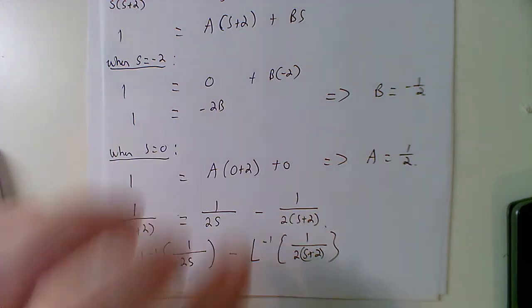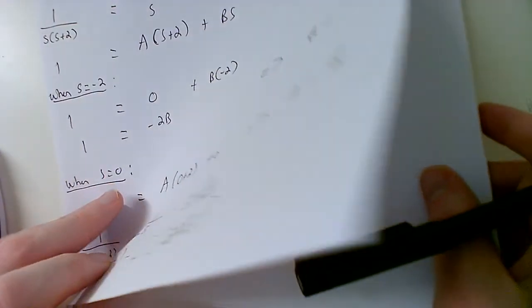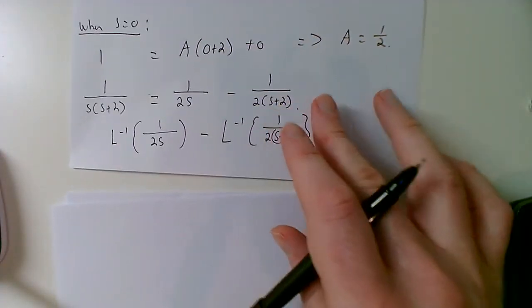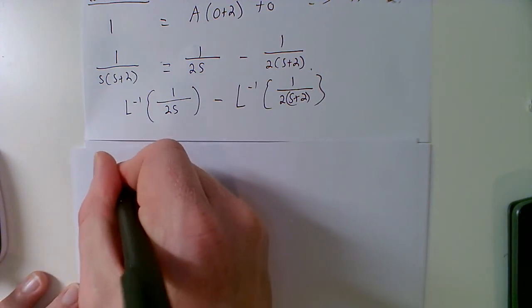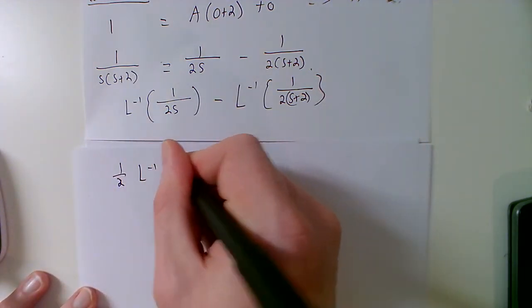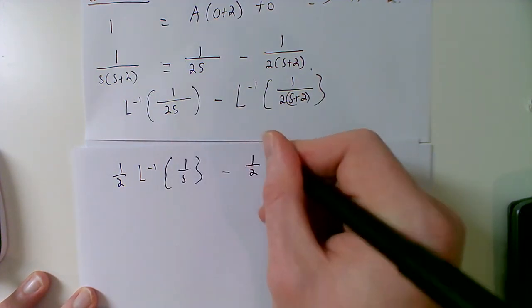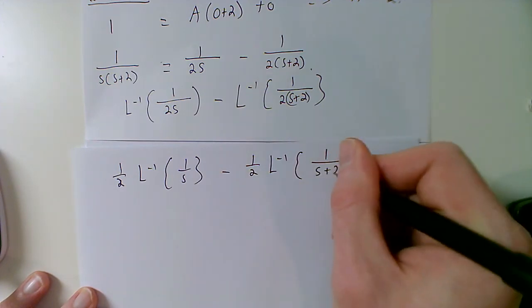Okay, so what I should be doing is to take those 2 halves out. I should have probably done that first, but I'll just show you that if you forget to do something like that, you can just do it in the next line. So that's really 1/2 times the inverse Laplace transform of 1 over s, take away 1/2 multiplied by the inverse Laplace transform of 1 over s plus 2.